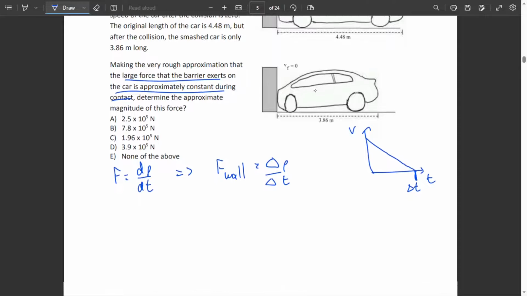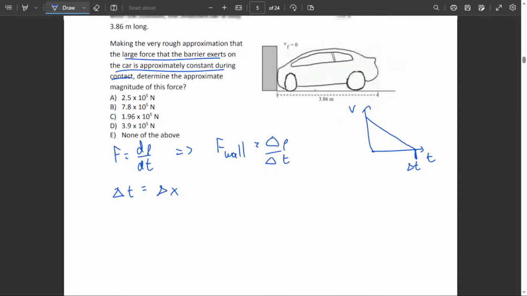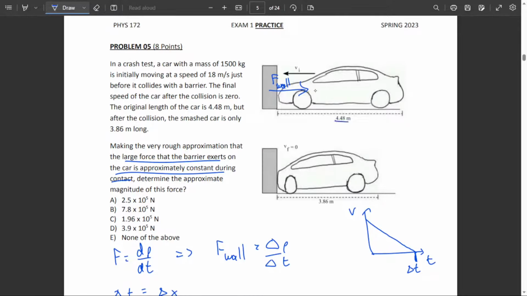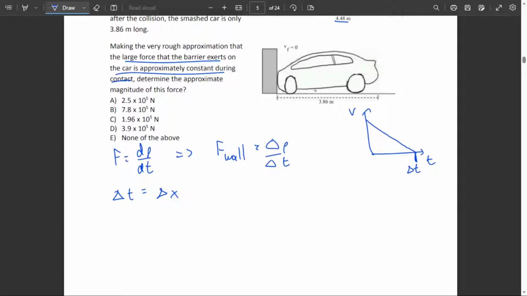Alright, so we have change in time that's going to be equal to the displacement of the car, how much it crumples in the front, based off those two numbers, divided by the average speed of the car.